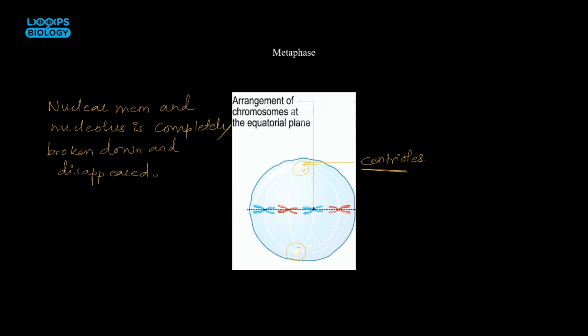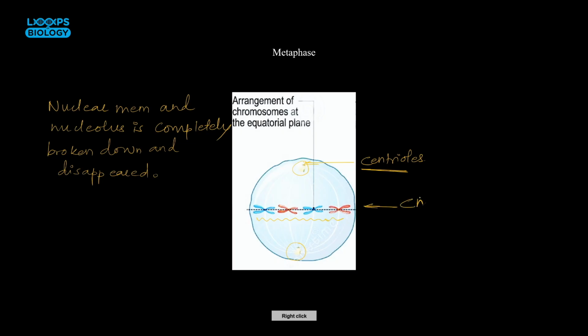Alright. So there is breaking down of nuclear membrane and nucleolus, and it has completely disappeared as well. But the chromosomes which were present anywhere inside the cytoplasm start to arrange on a metaphasic plate, or it is called the equatorial plate. So these chromosomes are basically arranged in a line.